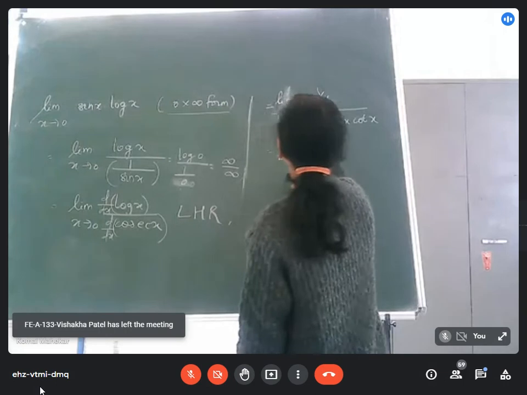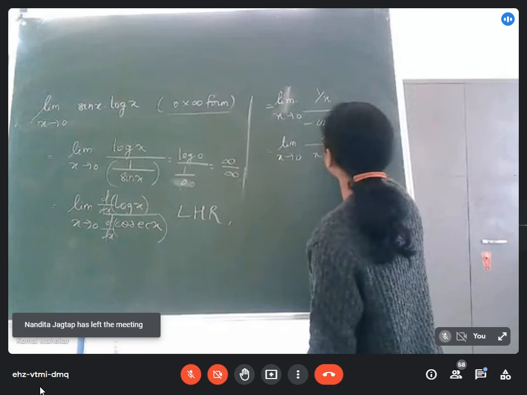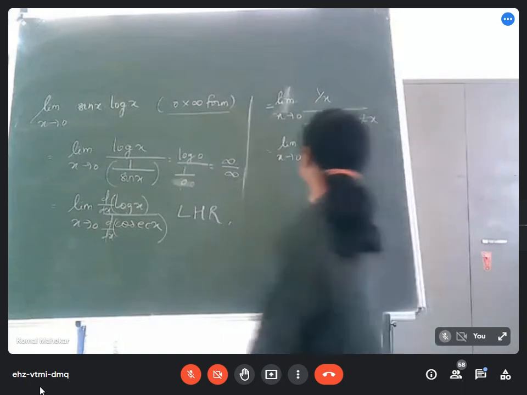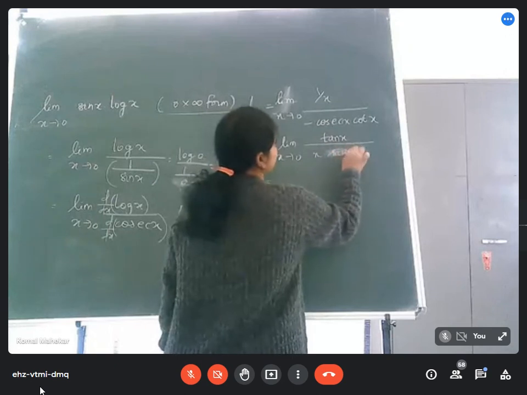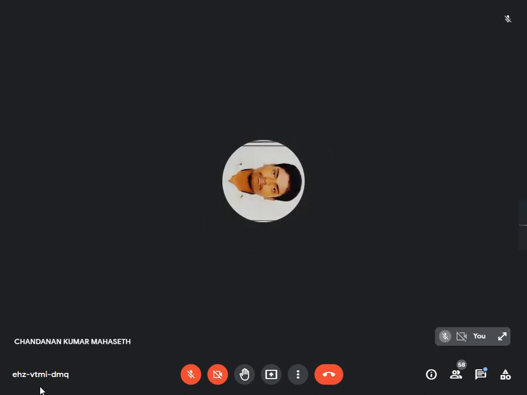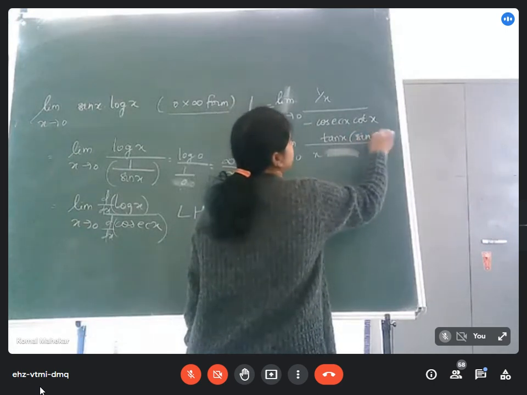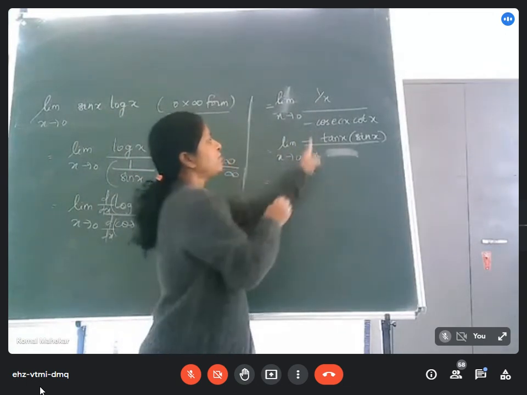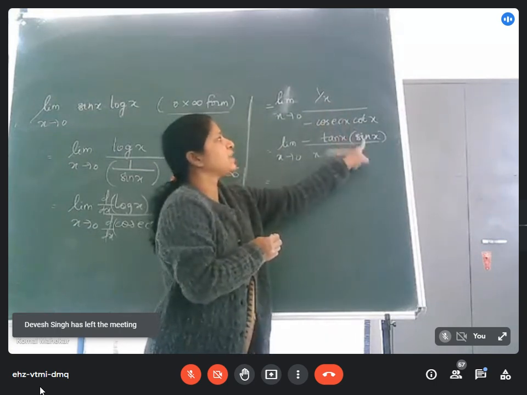This can be written as 1 upon x into cot x is nothing but 1 upon cot x is nothing but tan x, and 1 upon cosec is nothing but sin x. 1 upon x as it is with minus sign, minus 1 upon x. 1 upon cot is nothing but tan, and 1 upon cosec is nothing but sin.